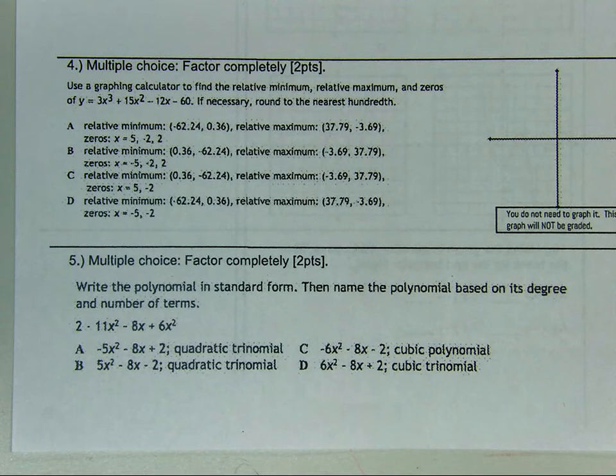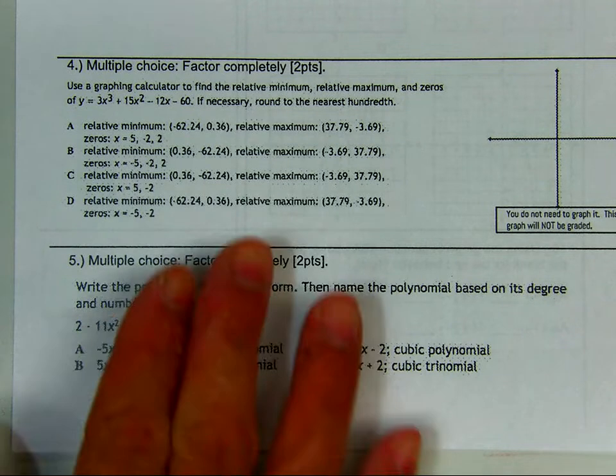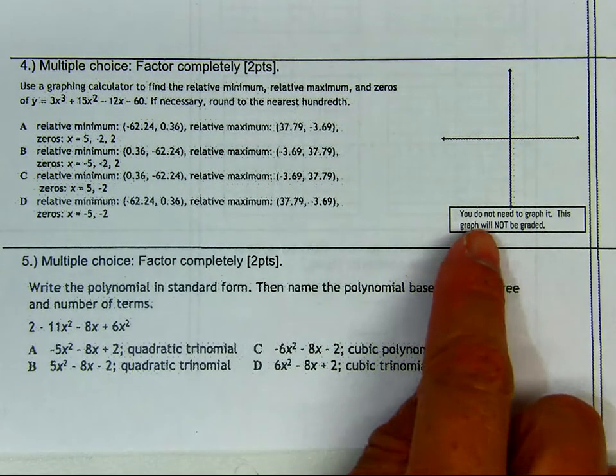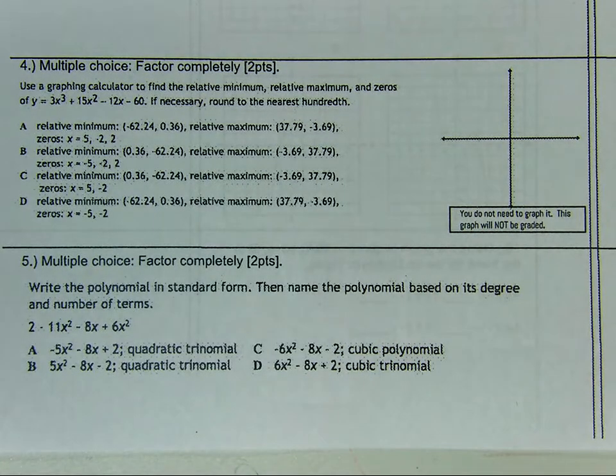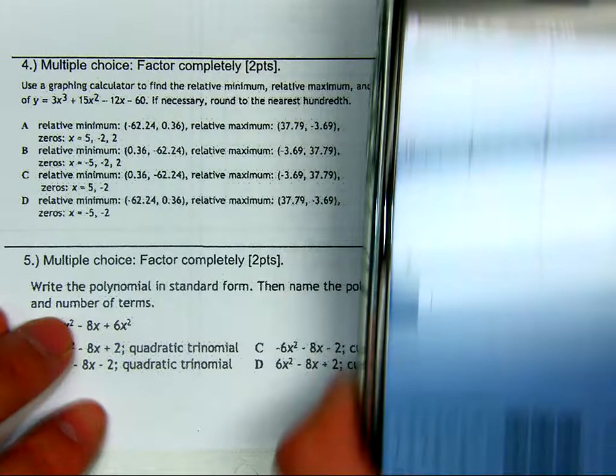Question number 3 says using a graphing calculator to find the relative minimum and maximum and zeros of y equals 3x cubed plus 15x squared minus 12x minus 60. If necessary, round to the nearest hundredth. And the graph here says you do not need to graph it. This graph will not be great. So I'm going to pull up my Desmos. There it is.